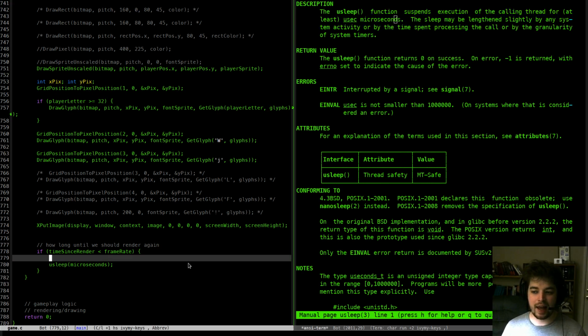So let's say that our time until render, the number of milliseconds until we are going to render, is going to be our frame rate, because again, we know that we're smaller than our frame rate. It's going to be our frame rate minus our time since render, right?